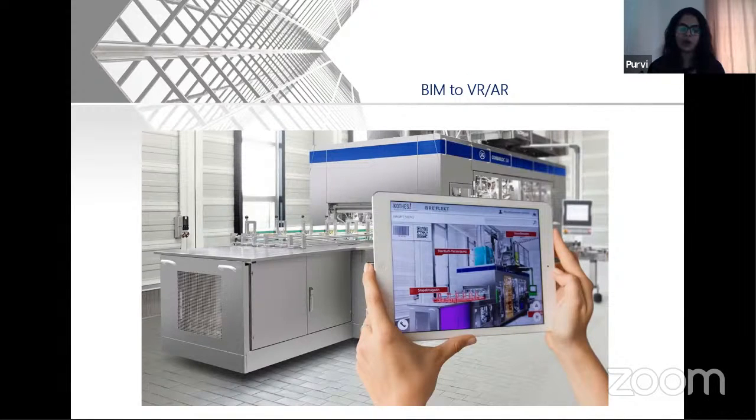Also, I wanted to mention one more thing, that there will be many times the client will not have the software to work on. Like we are in the construction industry, we are going to be working on Revit amongst us, but the client also needs to be updated on what is going on. So there are apps available just for viewing, so the client can easily download it on his mobile and view whatever is happening in the project.